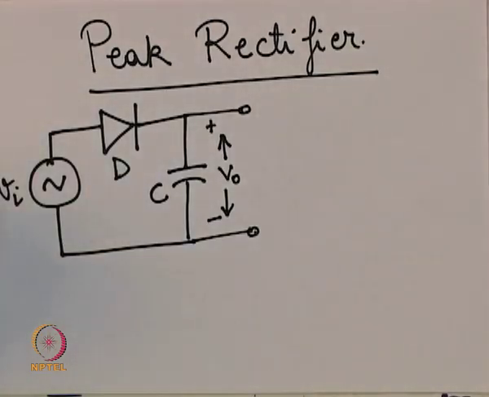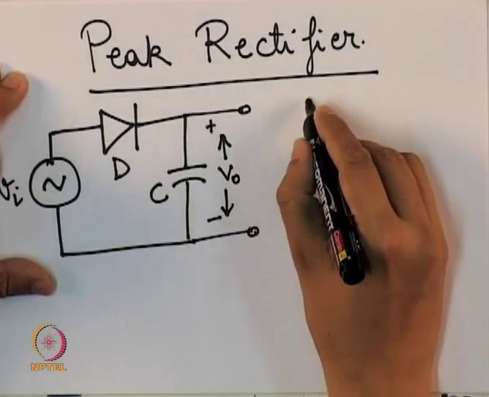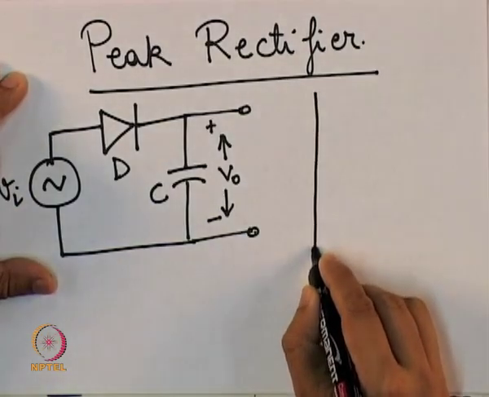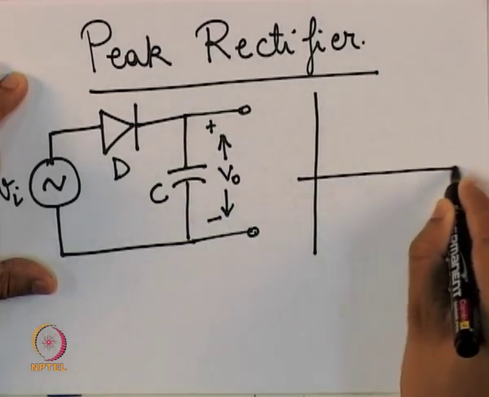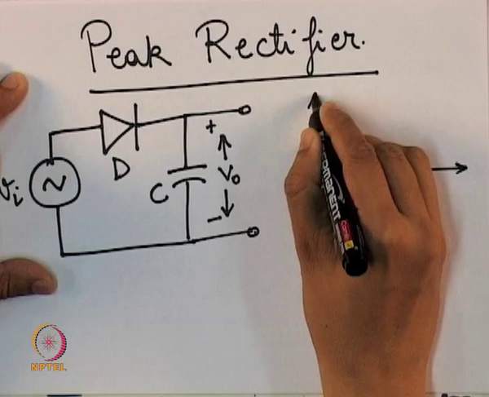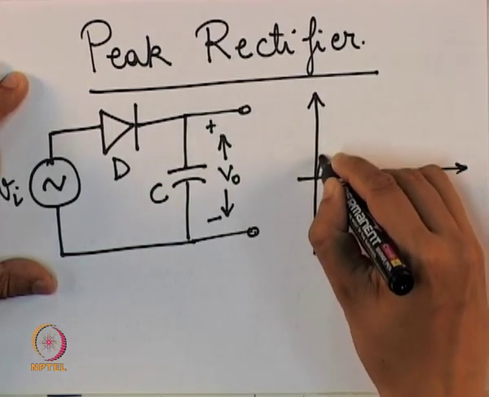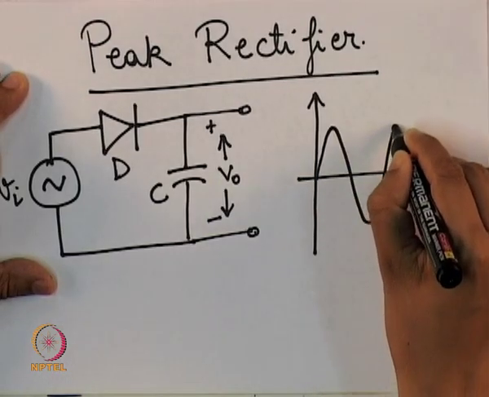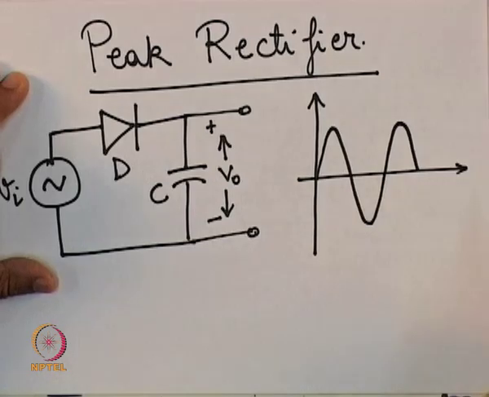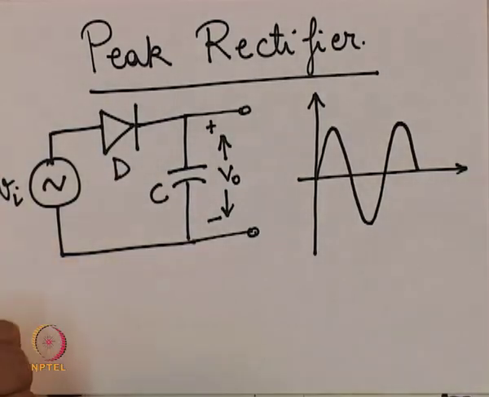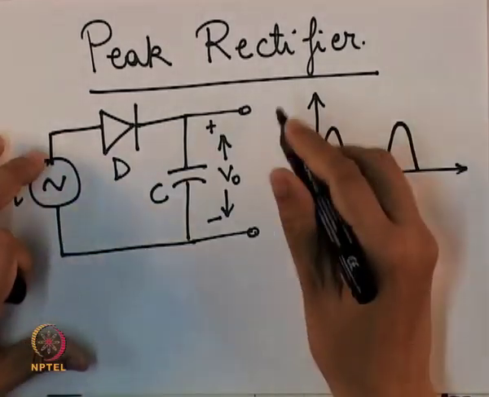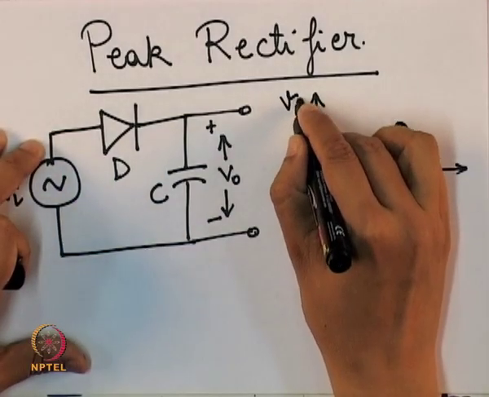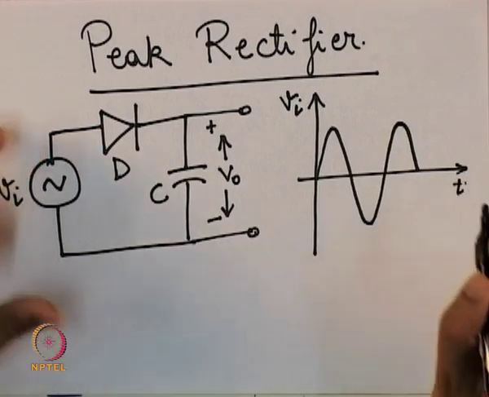Now, in this circuit, suppose my input is a sinusoid like this, okay. So, this is Vi and this is T.